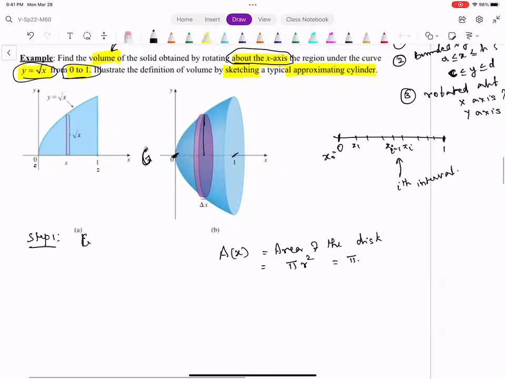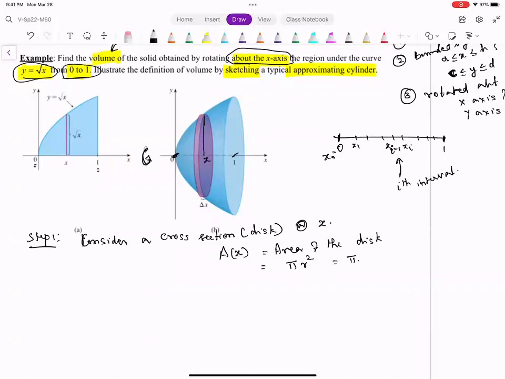So consider a cross section, which is a disk, at x from the origin. So A of x is the area of the disk, which is pi times the radius squared.